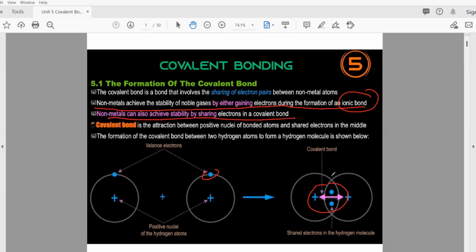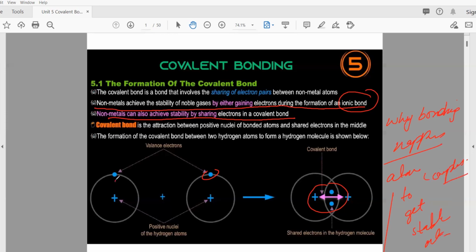Now, why are bonds formed? The question comes up: why does bonding happen? The answer is really simple: every atom wants to get a stable outer shell, or a complete last shell.